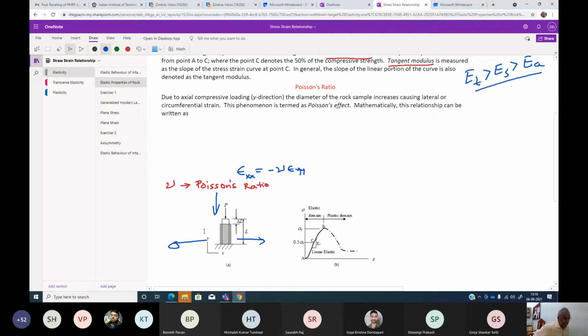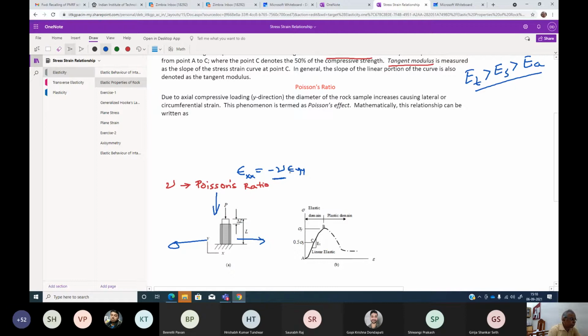Similarly, if you pull a solid cylinder, it will also change in diameter, or the diameter will reduce. So he then said that Poisson's ratio is basically related to, if I am now working in the x and y direction, epsilon xx will be some mu of epsilon yy. Now this mu is called Poisson's ratio.